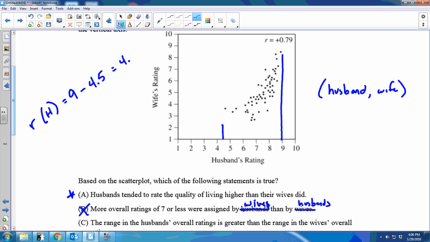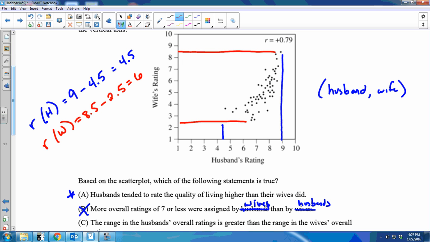So that's 4.5. And then the range for wives, the highest is about 8.5, minus, we go all the way down here to like 2.5. So 8.5 minus 2.5 is 6.